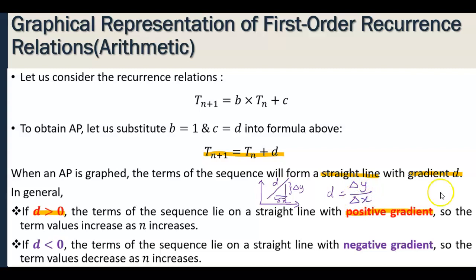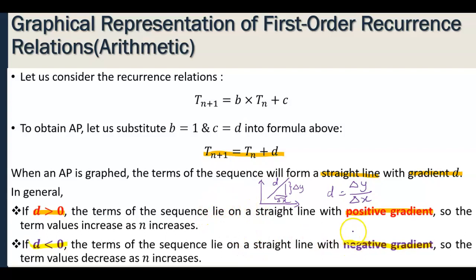Now let's look at when the d value is less than 0. When the d value is less than 0, the terms of the sequence will form a straight line with a negative gradient. That means the term value will decrease as the n value increases.